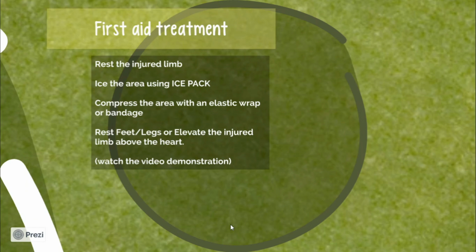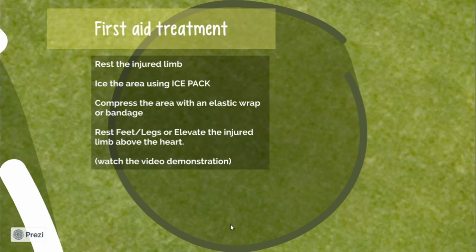Okay, and then after you put the ice pack on the certain place where the sprain and strain react, you need to use an elastic wrap or bandage, okay, to make the ice pack steady on the position where the sprain and strain occur.